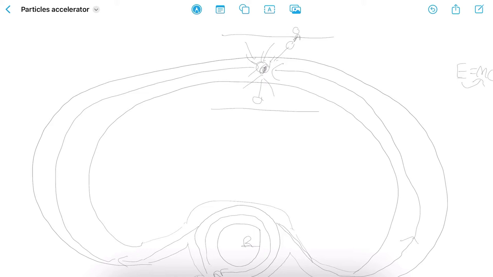So we try to build something, such as the Large Hadron Collider, that will produce some new particles, or anything that is new to us that we don't know yet.